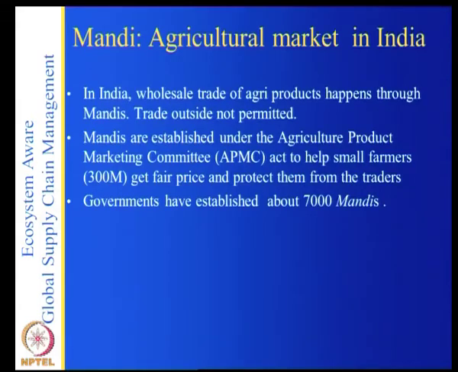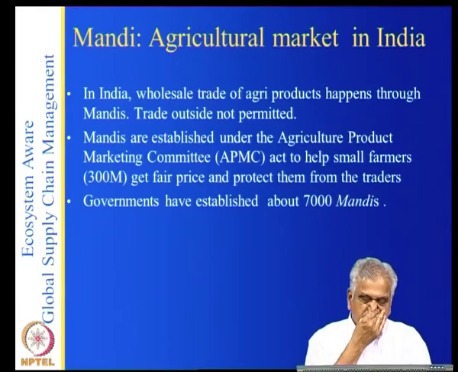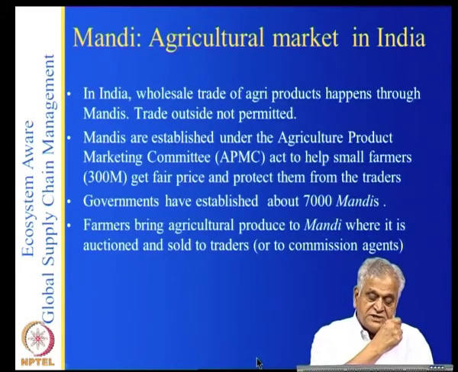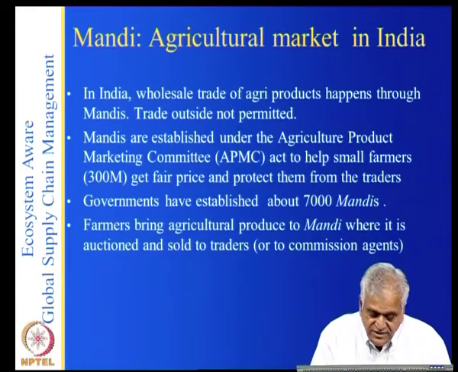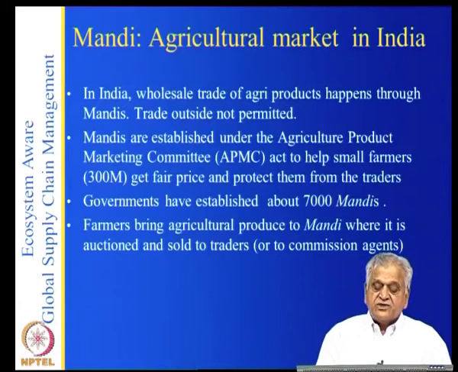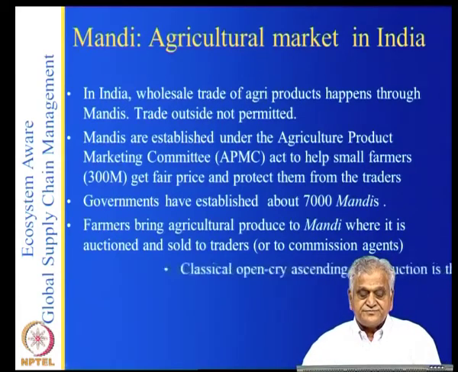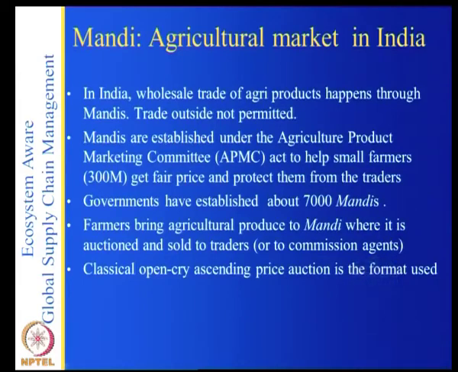These mandis are there in big cities as well as in small cities. So in big cities there is huge space that is reserved for these mandis. And farmers bring agriculture produce to mandis where it is auctioned and sold to traders or to commission agents. The classical open cry ascending price auction is the format used.